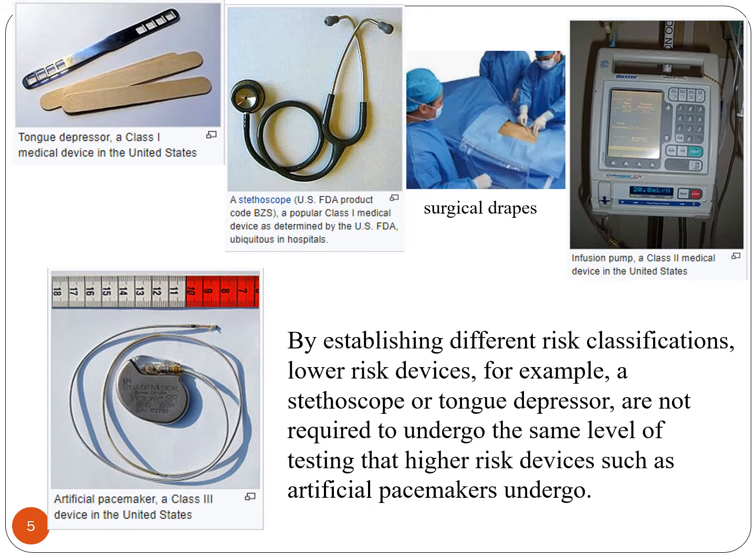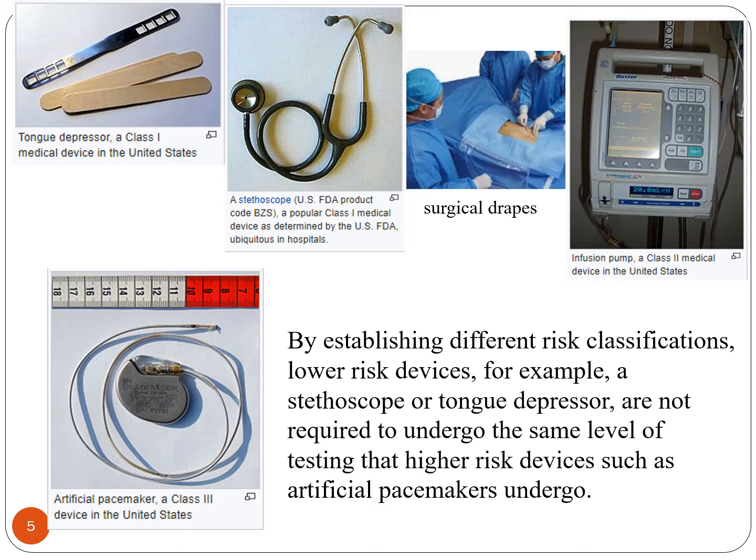The artificial pacemaker is a class 3 device, because any misuse relating to this device will lead to serious effects for the patients. By establishing different risk classifications, lower risk devices, for example a stethoscope or tongue depressor, are not required to undergo the same level of testing that higher risk devices such as artificial pacemakers undergo.